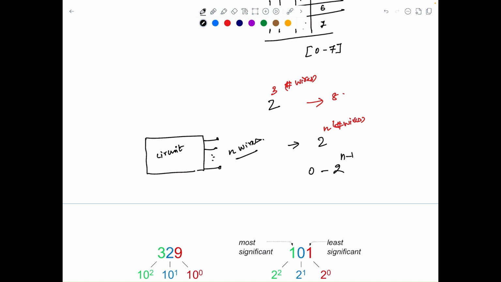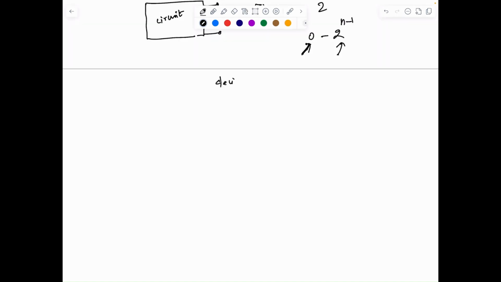So why is it 2 power n minus 1? Since we have a number system, right? The decimal number system. What do I mean by decimal number? It is base 10. So there is a history why we are using base 10 numbers.